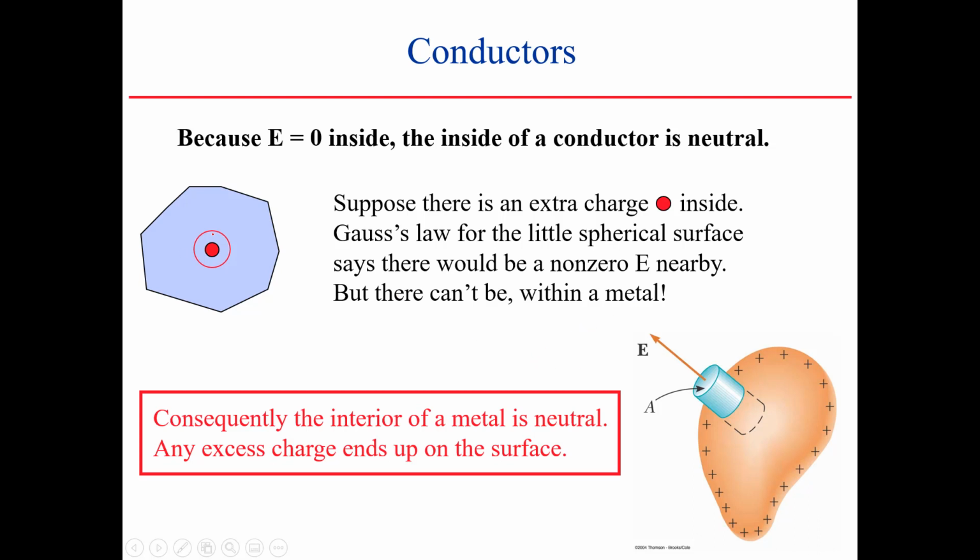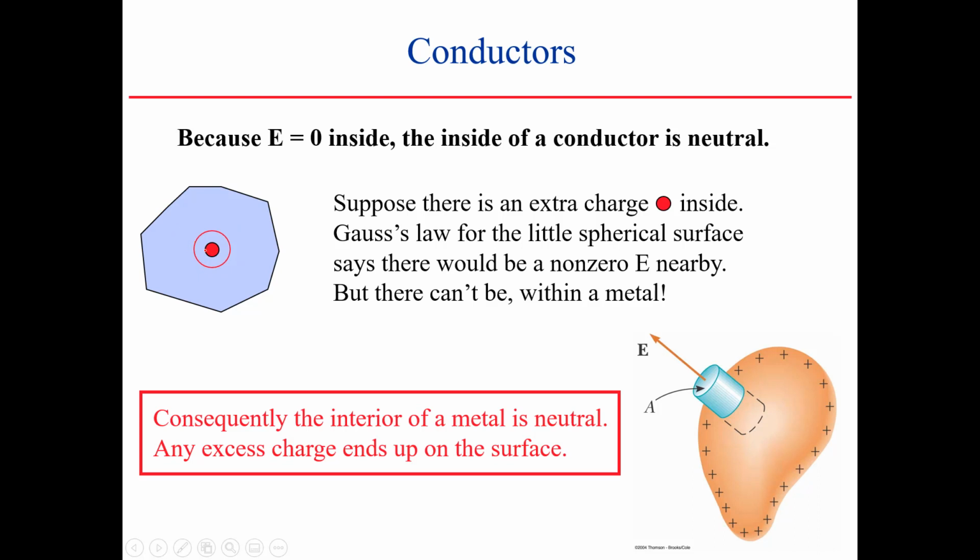So what the conductor does, class, if there is, say for example, this is a conductor, and there is a hollow spot inside where we can put a charge, then to keep its electric field 0 anywhere inside this conductor, it cancels that out.